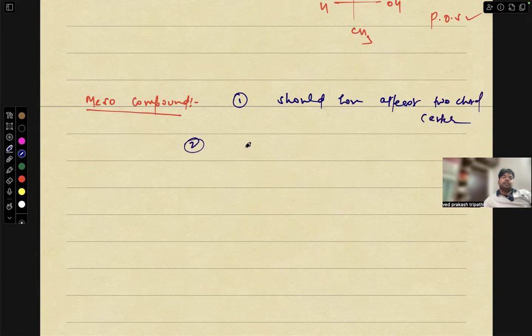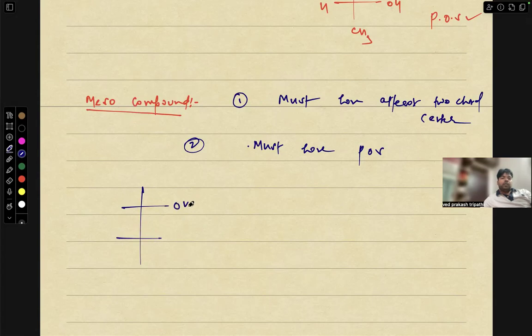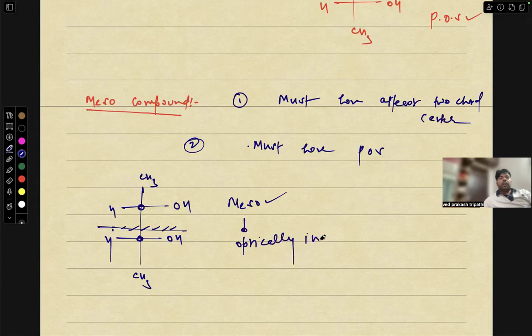And second, it must have a plane of symmetry. This one: OH, H, CH3, CH3, OH, H. So you can see we have two chiral centers and a plane of symmetry. So this one is a meso, and meso compounds are optically inactive. Optically inactive.